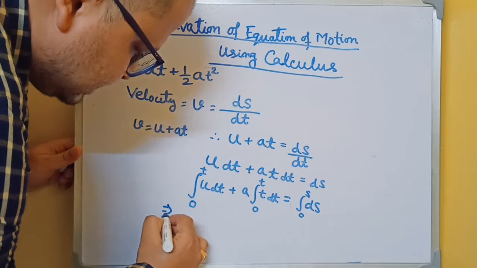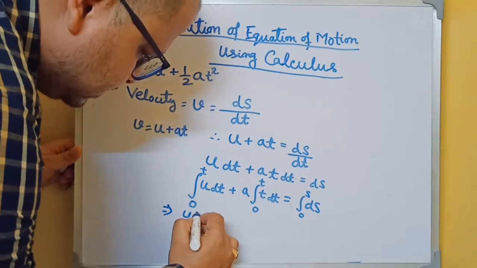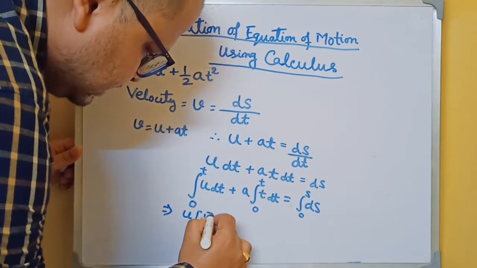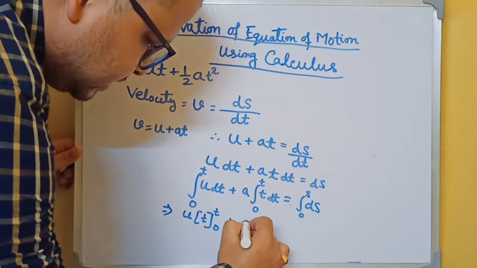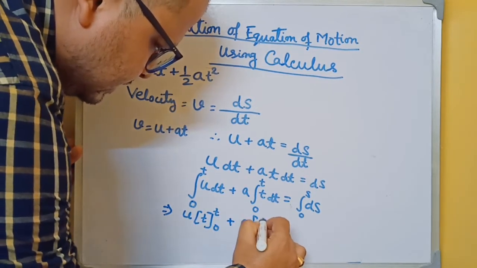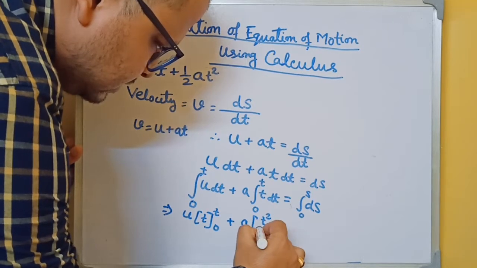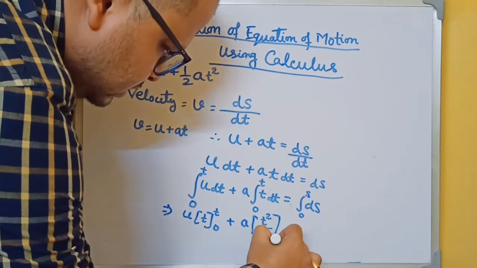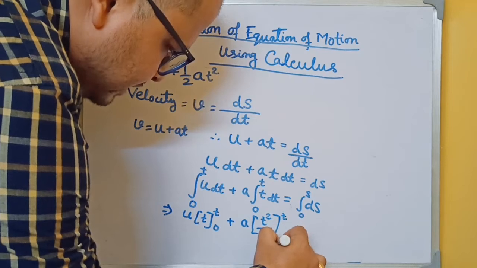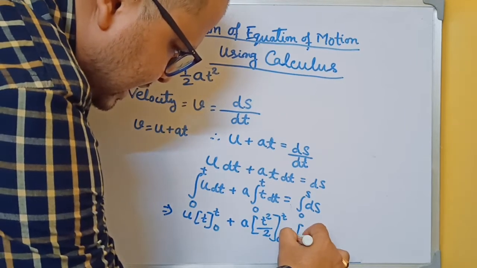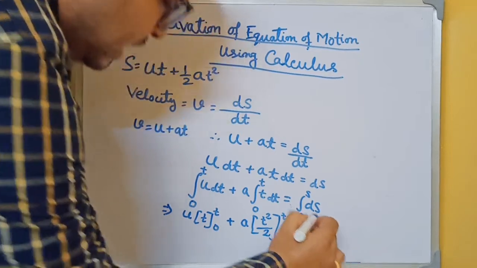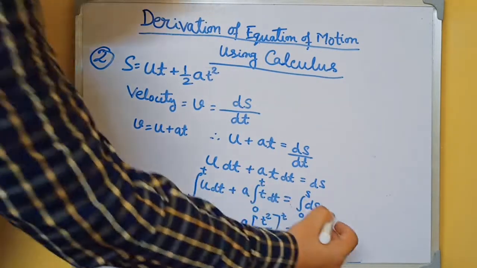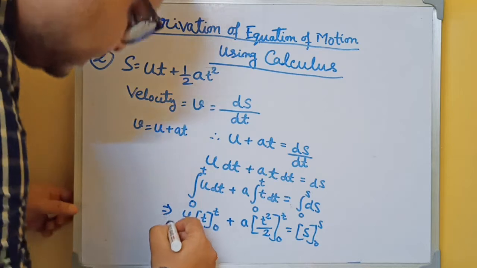So you get the integration here, u t upper limit t, lower limit 0, a t square by 2 upper limit t, lower limit 0, s upper limit s, lower limit 0.